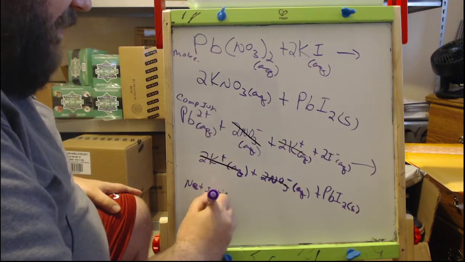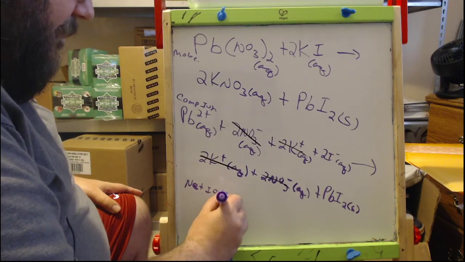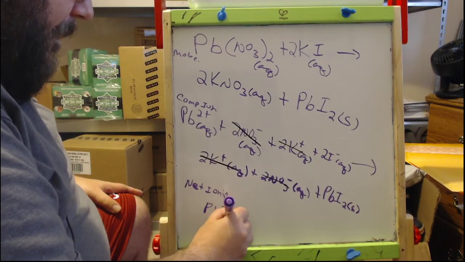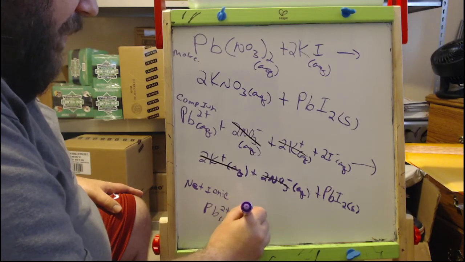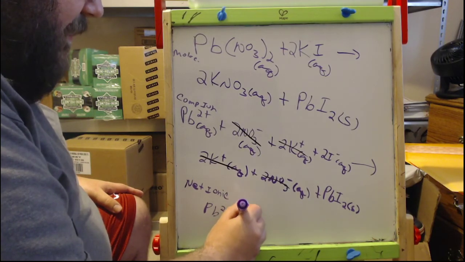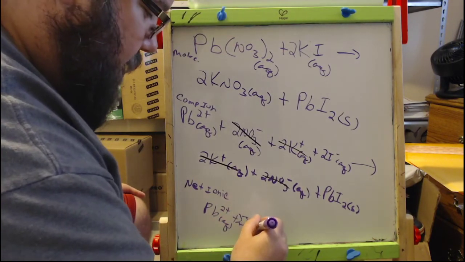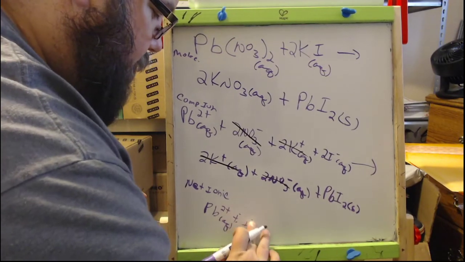I have Pb2 plus aqueous plus 2I minus aqueous. That's a terrible 2. Let me rewrite that out.